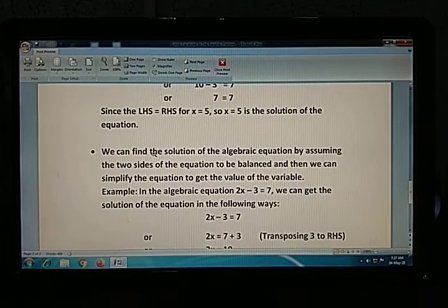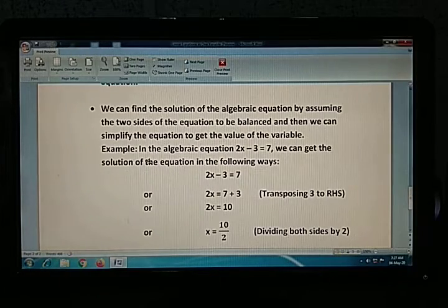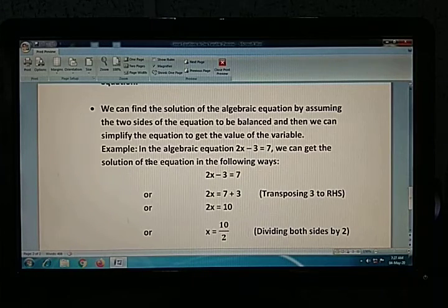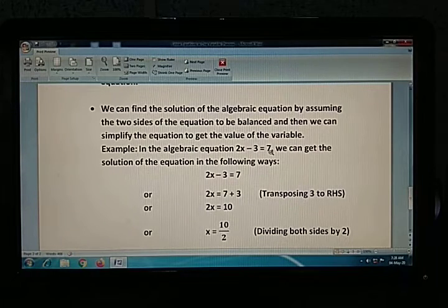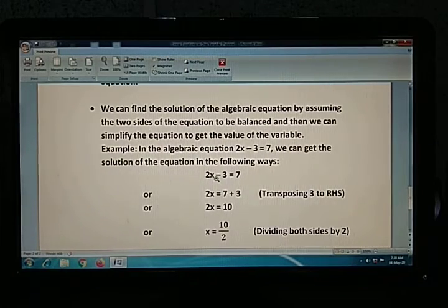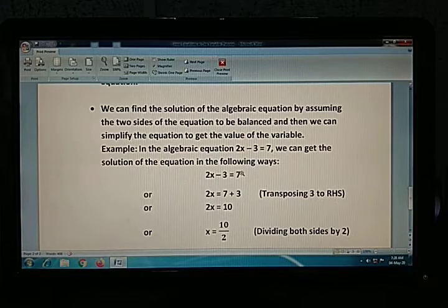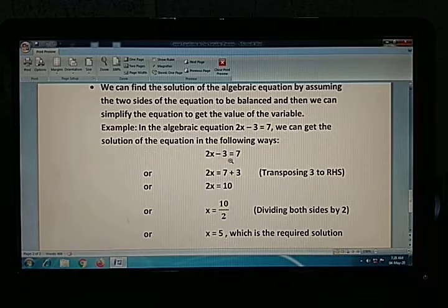Let us see. We can find the solution of the algebraic equation by assuming the two sides of the equation to be balanced. Yes, we have assumed it already, that both the sides are equal. In the earlier point we have already discussed this. Now after assuming that both the sides are equal, you have to just simplify it.